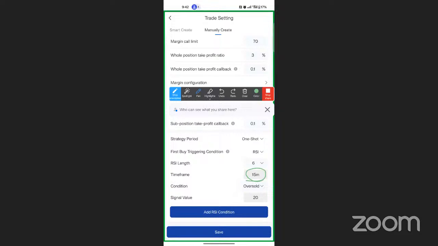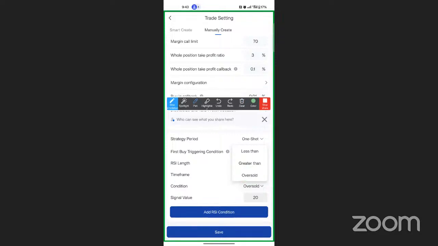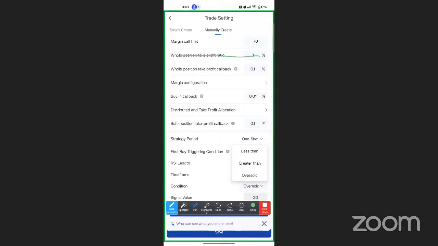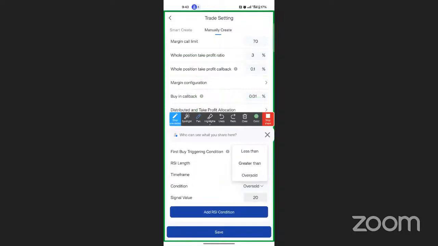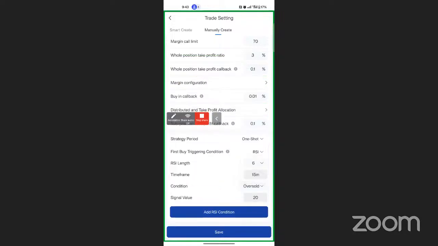Now the condition: you can tap on the condition and say I want the oversold. You remember when we drew the RSI, we said when it is below 20, it is in the oversold. That's why this one you can't change. When you tick oversold, you can't change this here. But at the same time, I might decide that I don't want to be in the oversold.